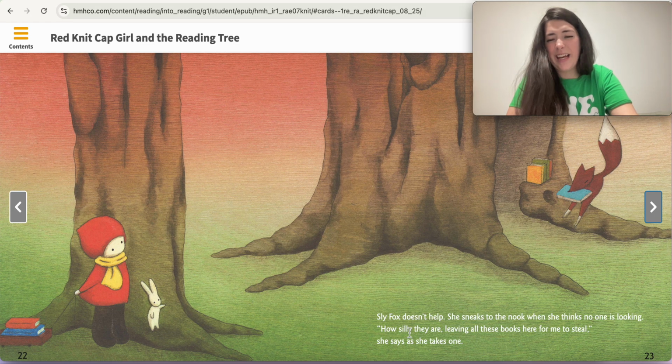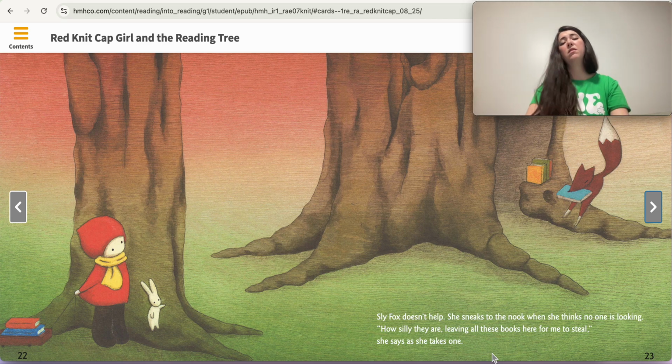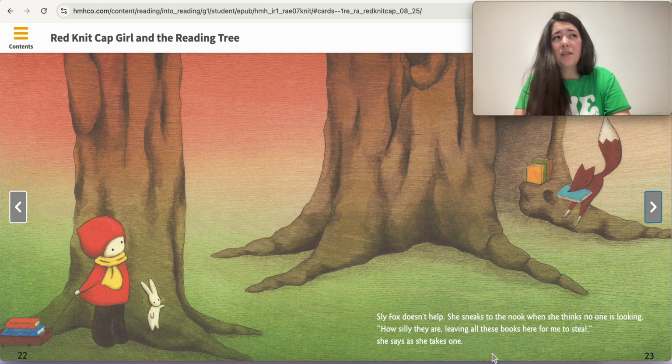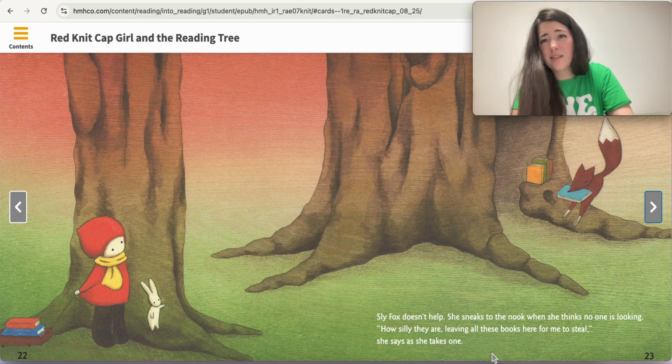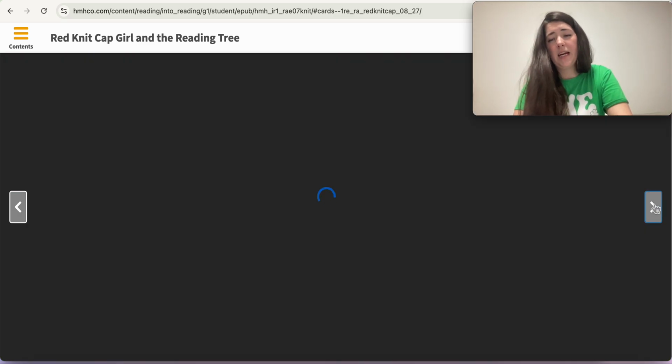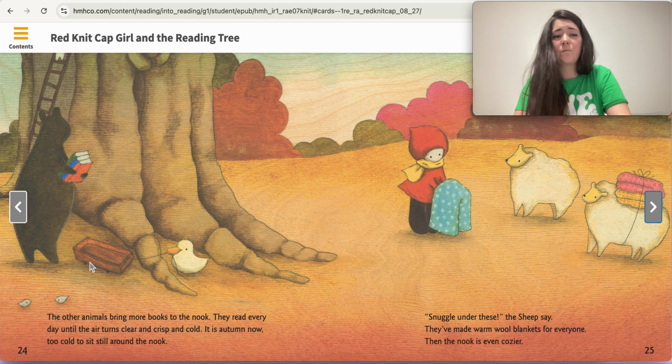How silly they are, leaving all these books here for me to steal, she says as she takes one. Oh, Sly Fox is stealing the books they put there. But Sly Fox could have just read one, right? If she didn't need to steal, she could have just asked. That makes me sad. That's a sad choice.